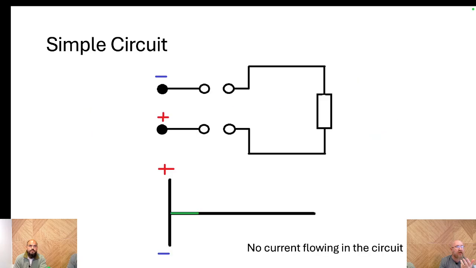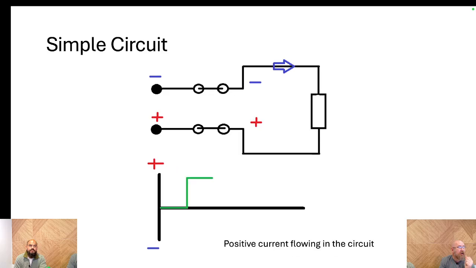So if we graph this circuit, what's it going to look like if we're switching back and forth? Up at the top of the tree, we've got the current state of the system, and that current state is an open circuit. No current flowing. In the graph at the bottom, the green line represents a constant zero voltage.